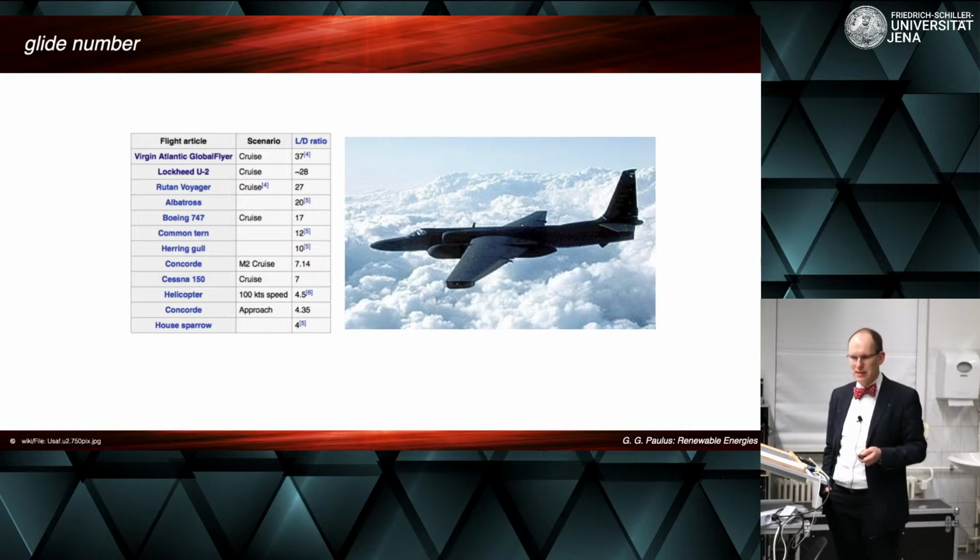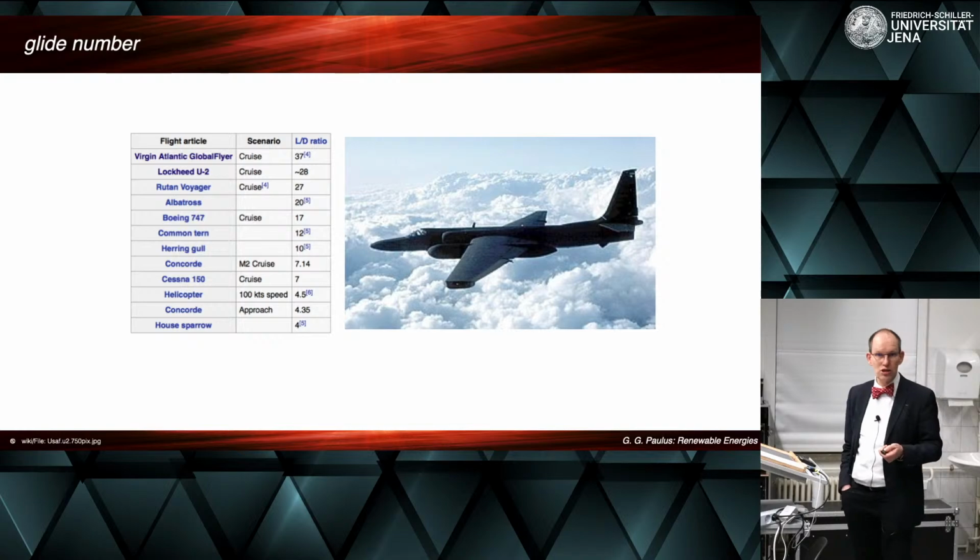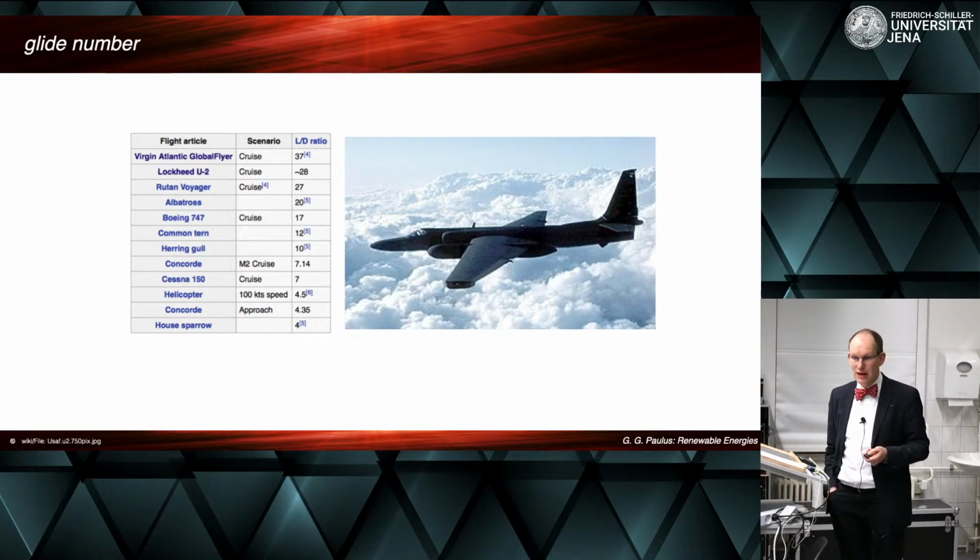The US built this thing as a spy airplane, and the interesting thing about it was that it could fly to very high altitudes already in the 1950s. What the US, what the entire Western world wanted to know, is how far the Russian rocket and nuclear program had developed.